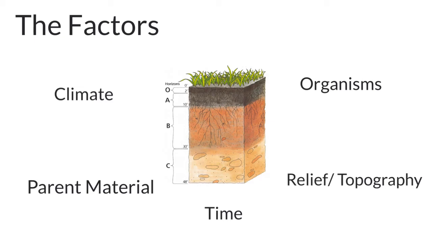The three remaining factors are more of conditioning factors, particularly on the age or the speed of soil formation. For example, for parent material, if your parent material originated from easily weatherable materials, your soil can form faster in a shorter period of time because your material is highly weatherable.